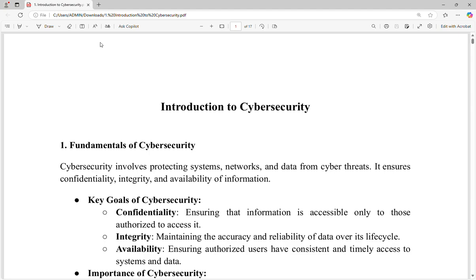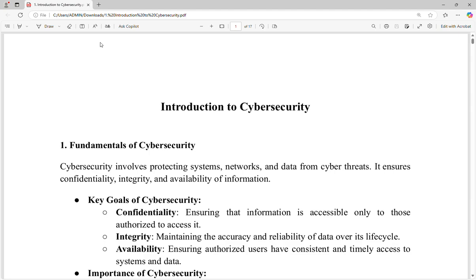Cybersecurity is protecting particular systems, networks, and data from cyber threats. We must ensure the confidentiality of the data, network, and systems, information system integrity, and availability of all this information, network, and data. That's the goal of our cybersecurity.